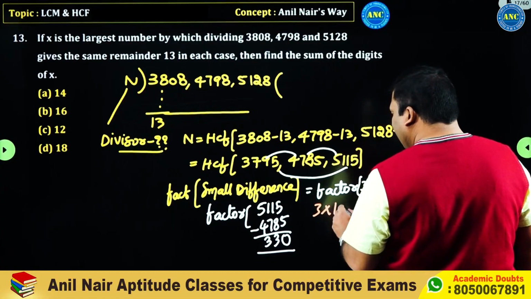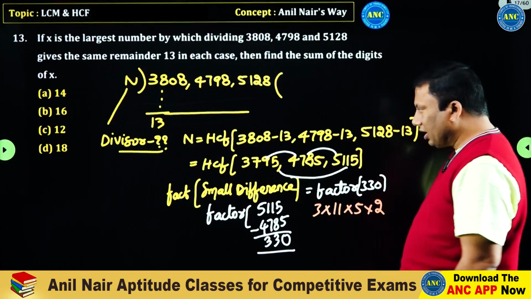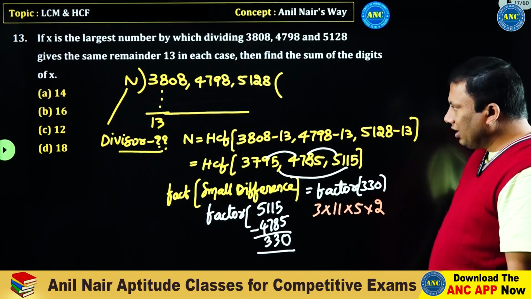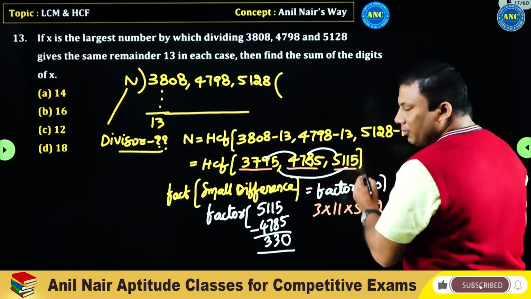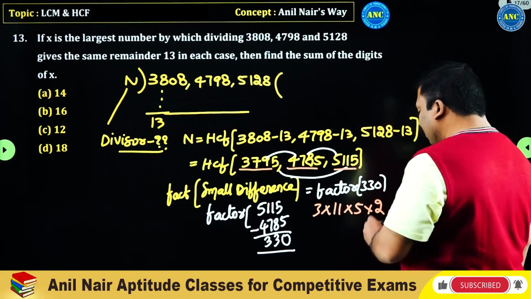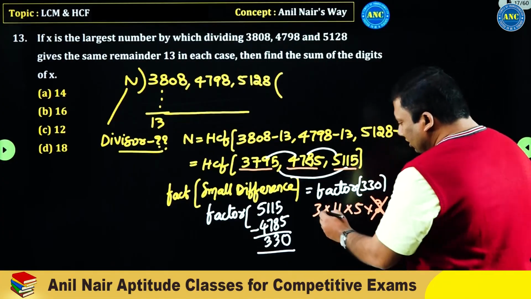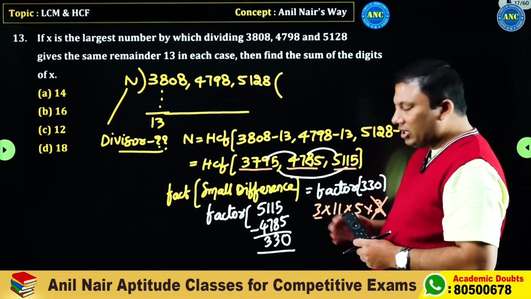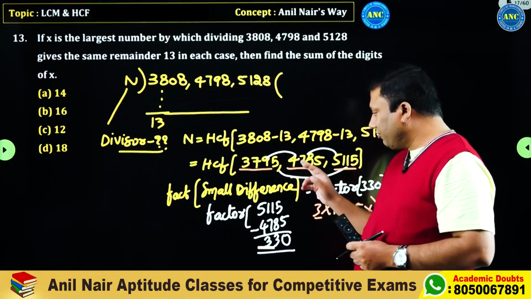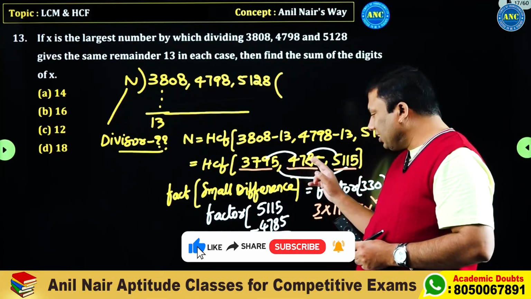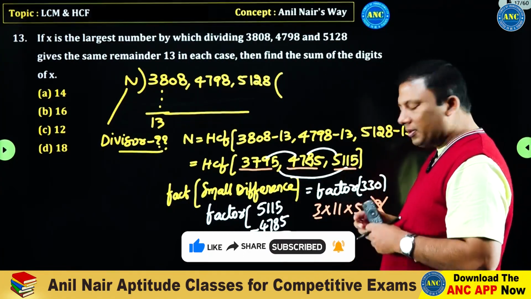330 is 3 into 11 into 10, and 10 is 2 into 5. Now listen carefully. All the numbers are odd numbers, and the HCF of odd numbers is always an odd number, so 2 will not come. For 3795: 3 plus 7 is 10, 10 plus 9 is 19, 19 plus 5 is 24, so divisible by 3. For 4785: 4 plus 7 is 11, 11 plus 8 is 19, 19 plus 5 is 24. For 5115: 5 plus 5 is 10, 10 plus 2 is 12.